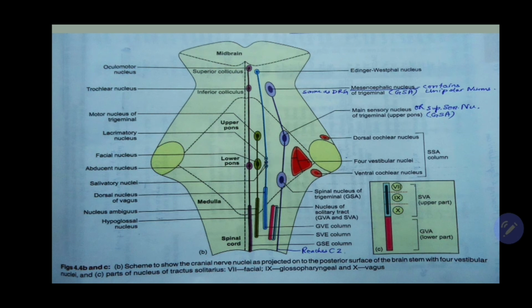Then the superior salivatory is for the submandibular and sublingual salivary glands. And then you have the inferior salivatory nucleus. This is with the glossopharyngeal, which will supply the parotid gland.